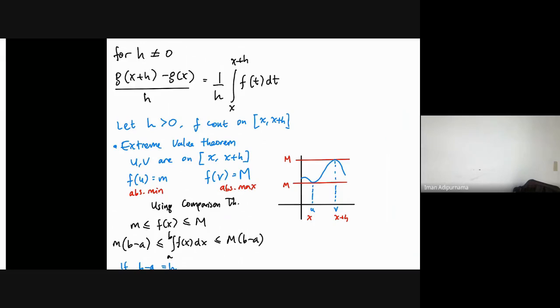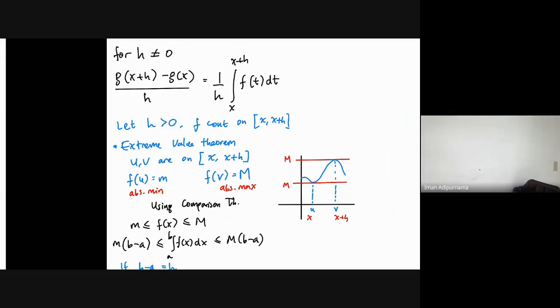Suppose h is positive, and we are using the extreme value theorem. So we have a minimum and maximum here, the big M and the small m. Let's say u and v are our critical points, where f(u) is our absolute minimum value and f(v) is our maximum value.